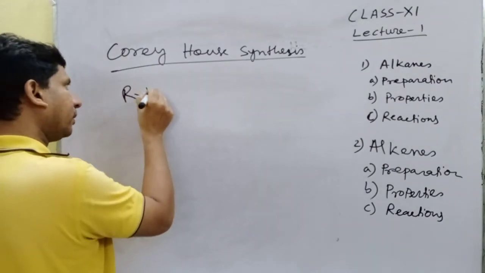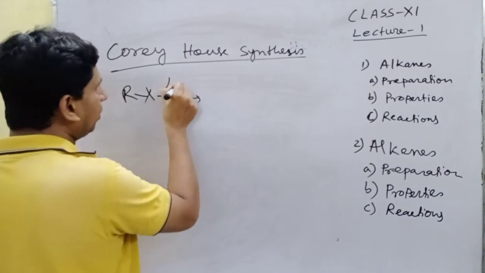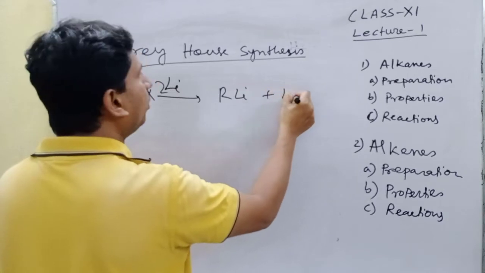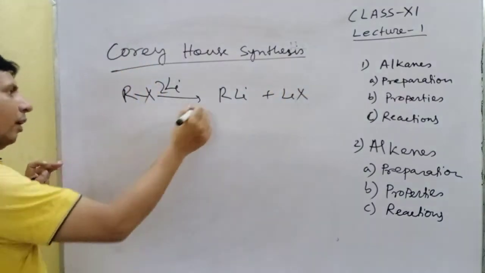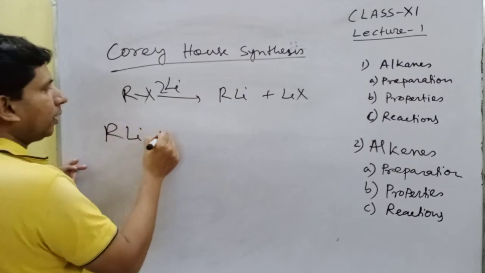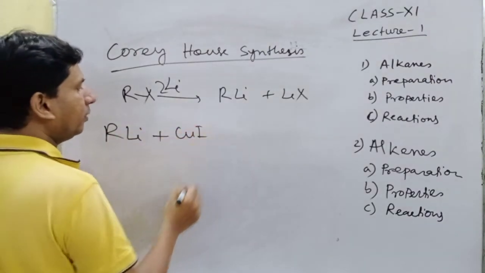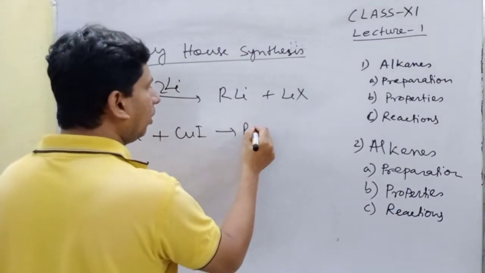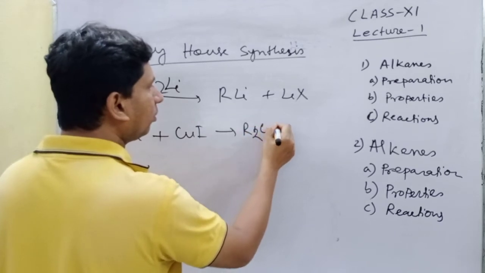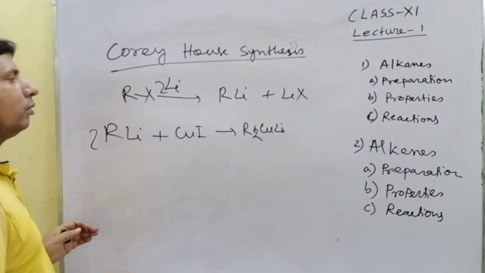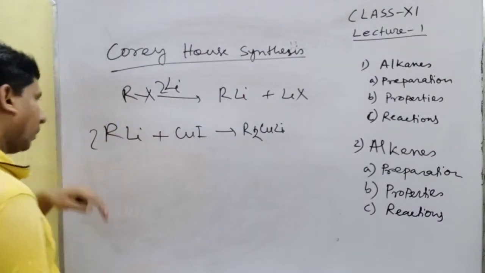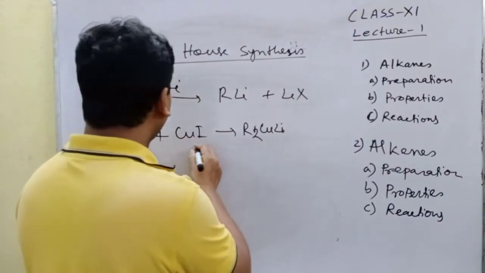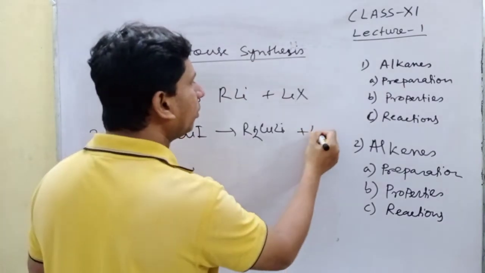If it is RX in presence of lithium, we can get RLi. Okay, now this RLi can react with copper iodide, then we can get R2CuLi, and one LiI will leave out.